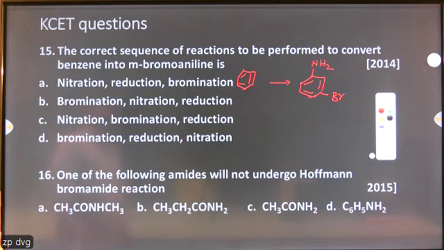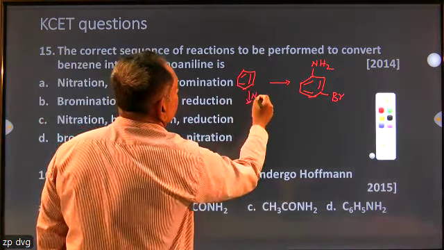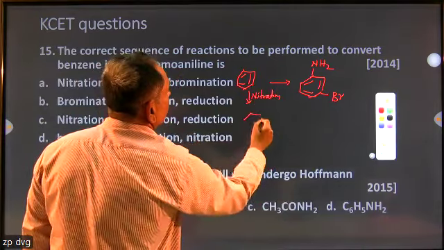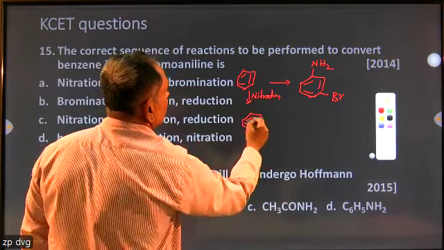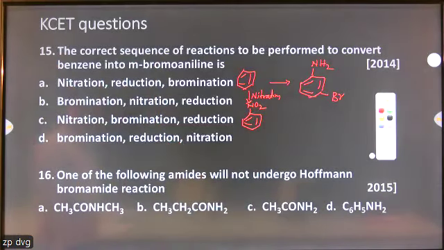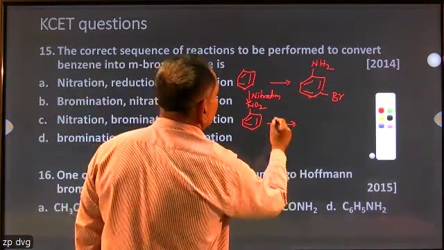So for that, you can first carry out nitration. You get nitrobenzene. Then you can do bromination.